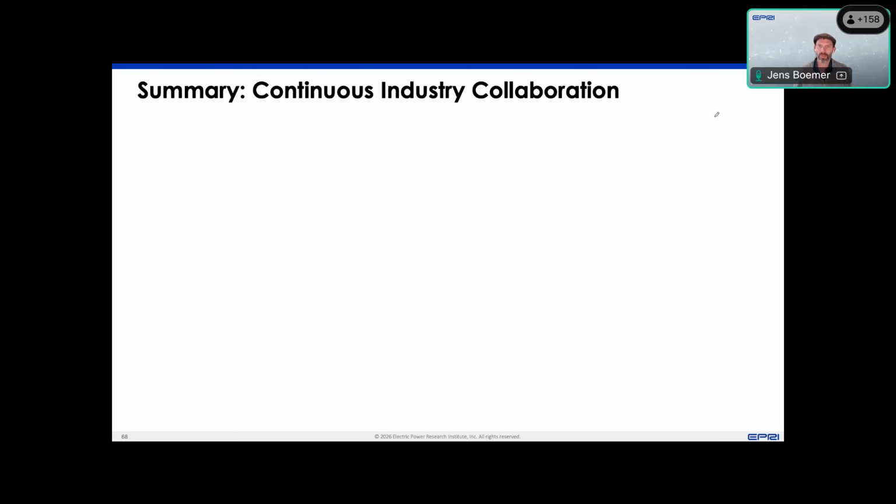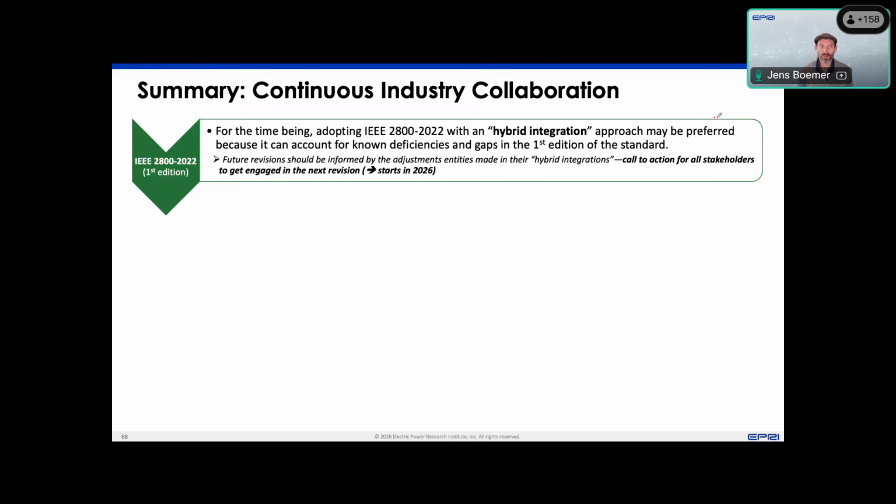So the message here is keep using IEEE 2800-2022 with all the tweaks and improvements you may have adopted for the time being, and bring those learnings into the IBR interconnection working group or related forums, so that the information of how these standards can be improved, how they can be made better, how they can be more aligned with the way you adopted them, will close the loop and inform the next, which is the now ongoing revision.